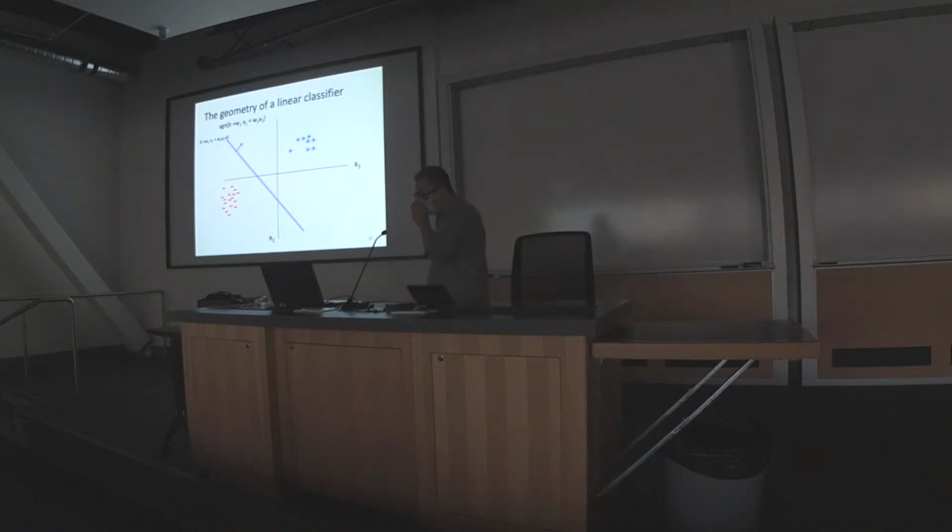And if we draw a line or vector which is orthogonal to this classification boundary, how do we represent this orthogonal vector? Let's just try to recall what we have learned before.